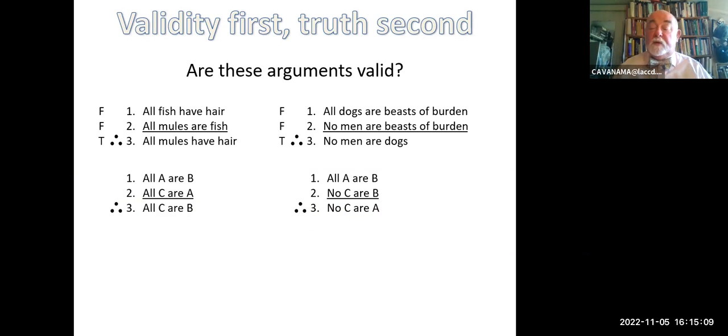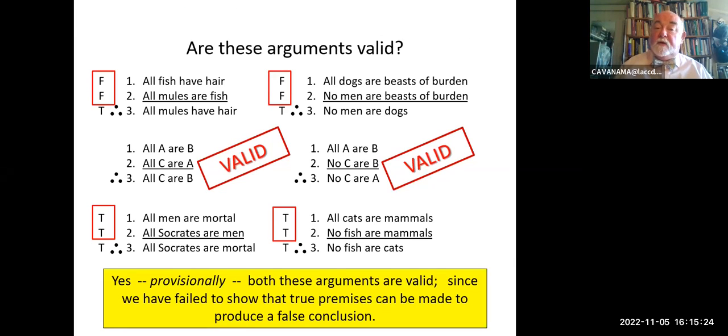We don't look to the words, we look to the form, right, in skeletal form. The first one runs all A are B, all C are A, therefore all C are B. The second one runs all A are B, no C are B, therefore no C are A. And we do our dogs and cats, Socrates kind of example, and we see, well, these are both valid in that we can't make the two premises produce a false conclusion.